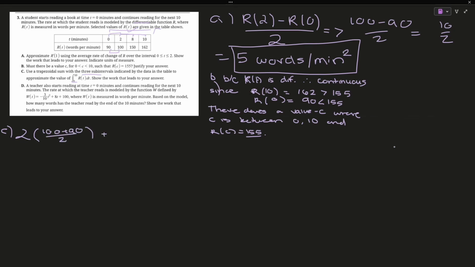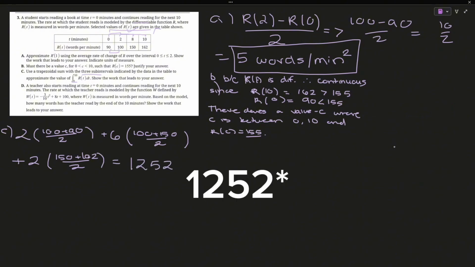The next interval has a width of 6, and it would be 100 plus 150 divided by 2. And the final interval has a width of 2, and it would be 150 plus 162 divided by 2. And you do not have to simplify for the AP exam, but if you did simplify, you should get 152 words as your answer.